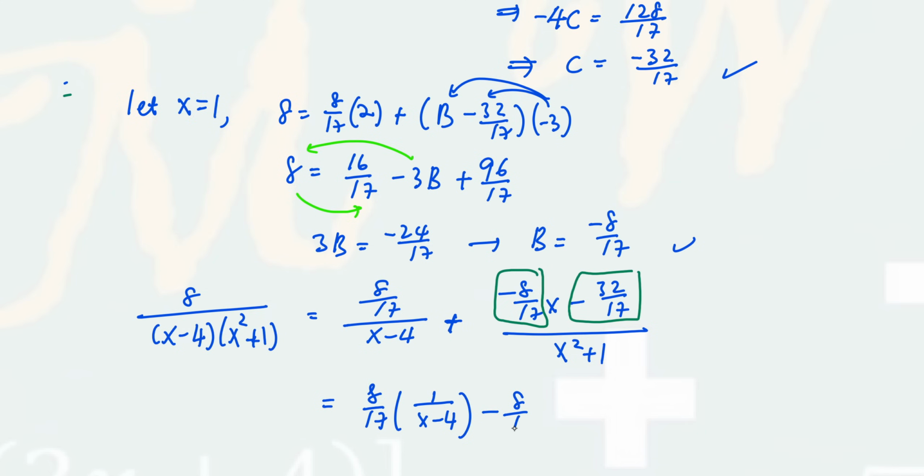That is minus 8 over 17, then 1x plus 4. Because when you factorize the minus 8 over 17, it's like you divide the negative 32 over 17 by negative 8 over 17. Therefore, you are getting plus 4 over x squared plus 1. Okay, so this will be the partial fractions of this question.